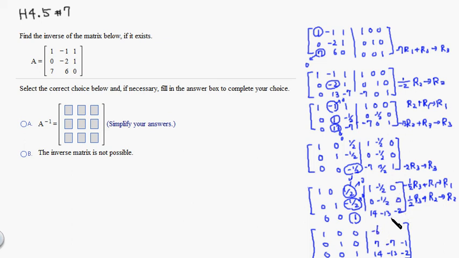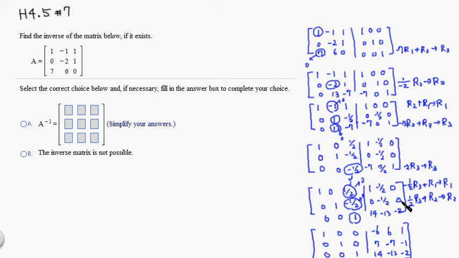Negative 13 times negative 1 over 2 is positive 13 over 2, plus negative 1/2 is 12 over 2, so that will be 6. Then negative 2 multiplied by negative 1/2 is 1, added to 0 is 1.